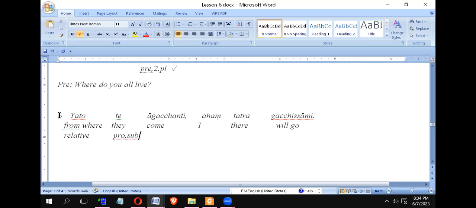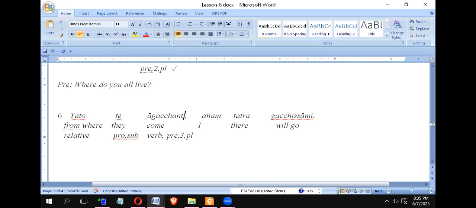Agachanti is a verb, third person. Singular or plural? Plural. Do you think it's imperative or present tense? Present. Yeah, present. All right.